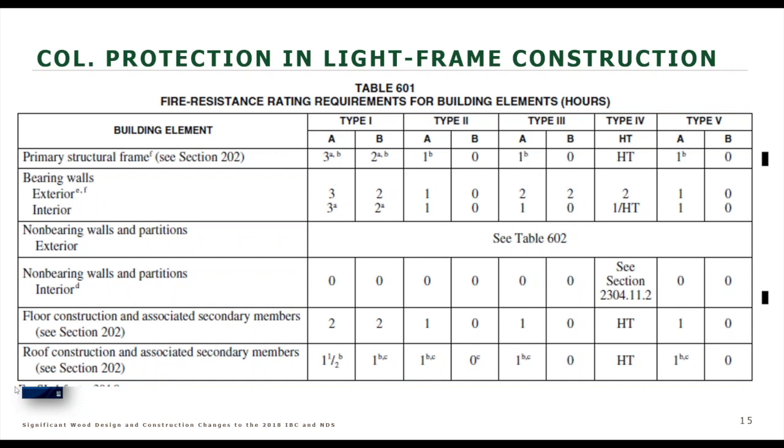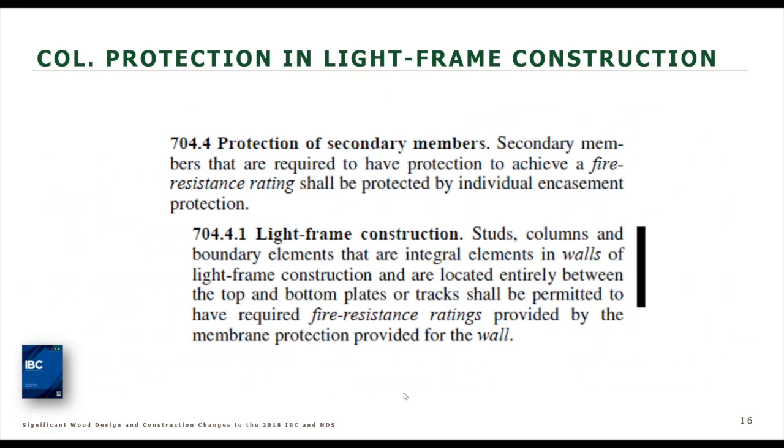And so there's clarifications now in Chapter 7 that say for light frame construction, studs, columns, and boundary elements that are integral elements of a wall between the top and bottom plates, or tracks, because this also applies to cold formed steel, may be permitted to have required fire resistance rating provided by the membrane protection of the wall.